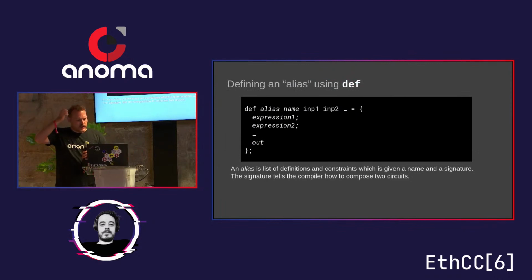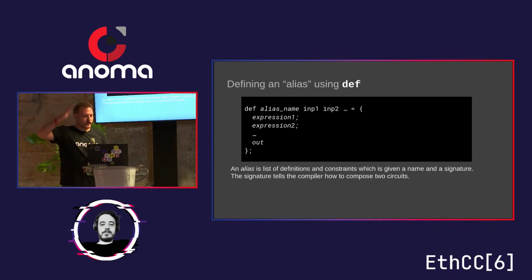Okay. This is a simple definition in VampIR. We call them aliases mainly because it let me get a letter A in a convenient spot in an acronym for VampIR. But the definition is a name followed by the inputs, equal sign, you have curly brackets.